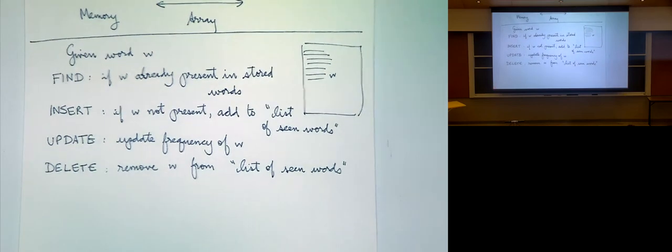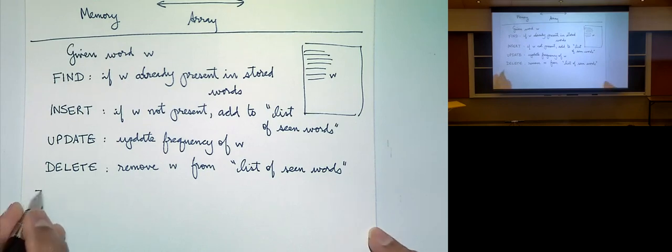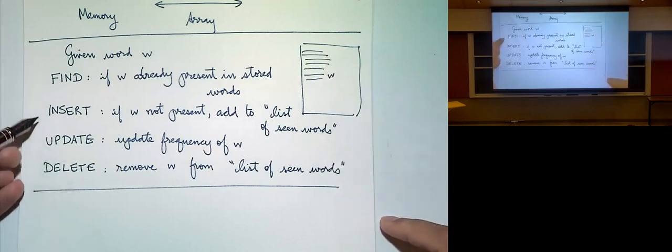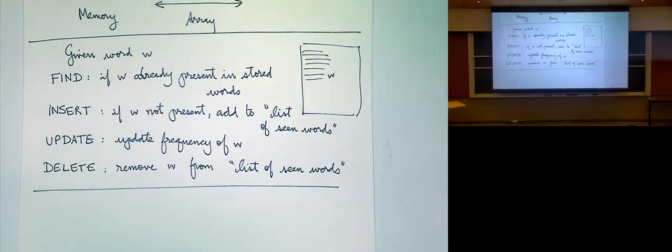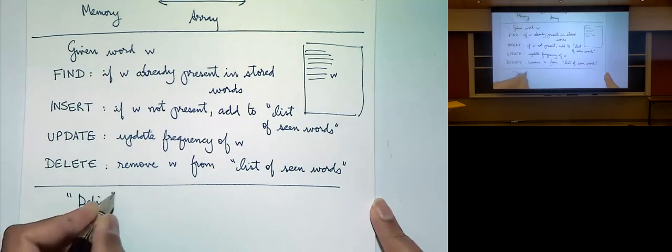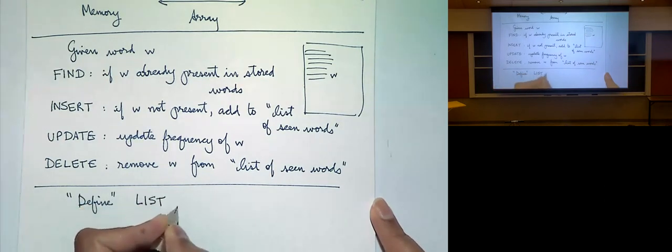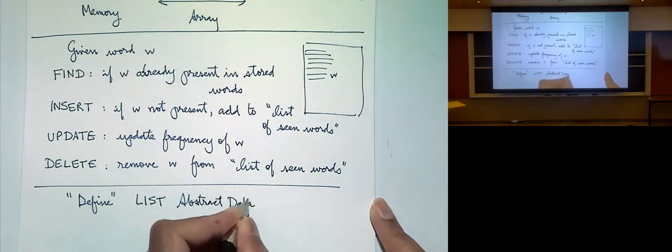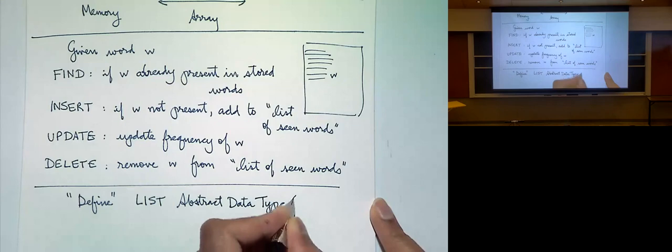And this specification has a technical term. These operations, actually just the find, insert, and delete, not even the update, define what's called the list abstract data type. This is also called an ADT.